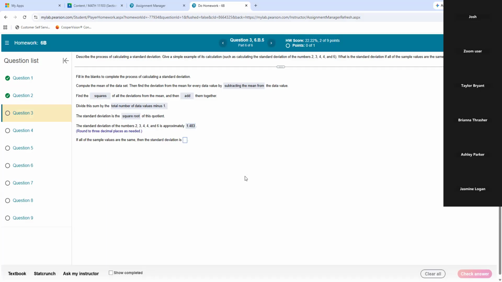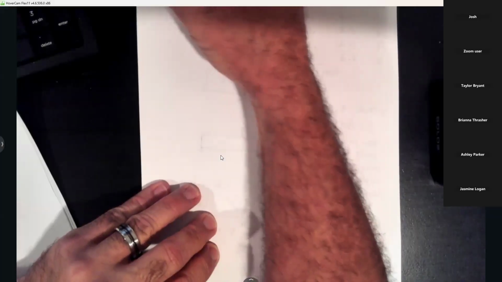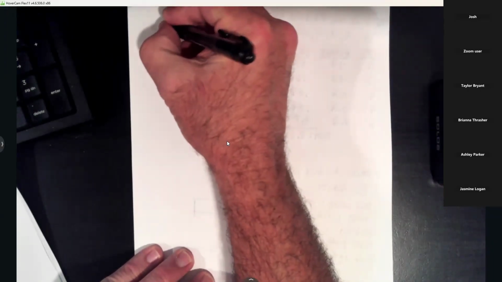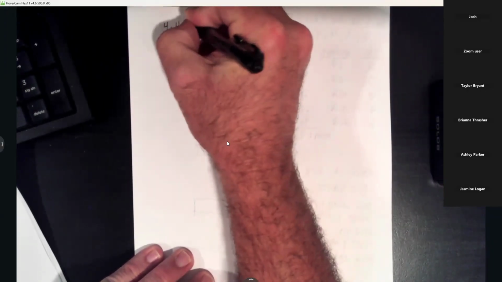If all these data values were the same, so let's see what would happen. So let me go back to my paper and show you what they're asking on that. So they're saying, what if all these data values were the same? I had 5 data points. So what if they were all 4?